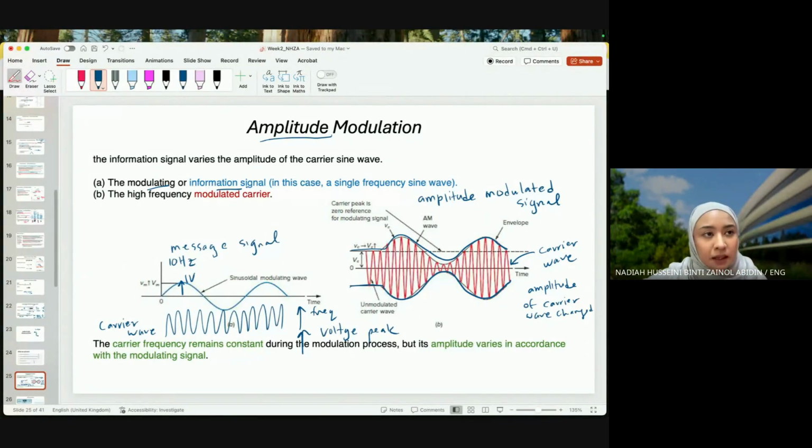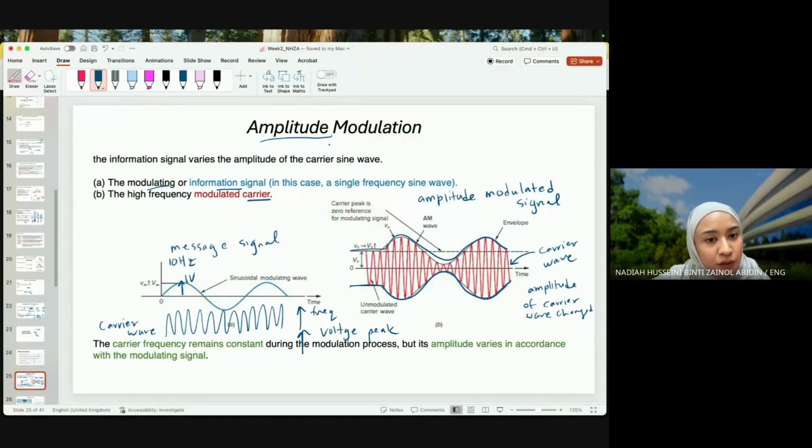It can be message, it can be information, it can be modulating signal. Those mean the same thing. And then we have a carrier wave. Carrier wave is just carrier wave. There are no other terms for that.